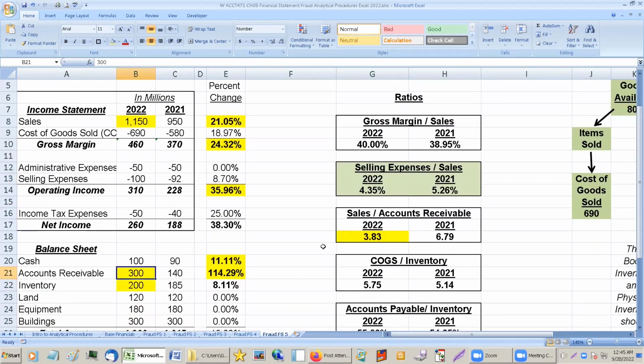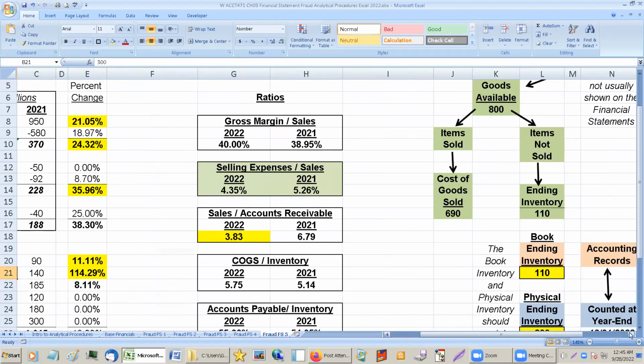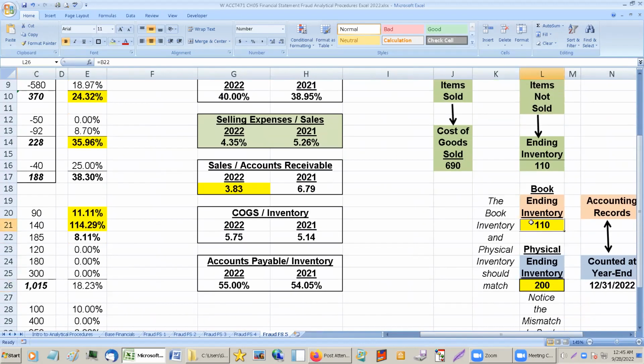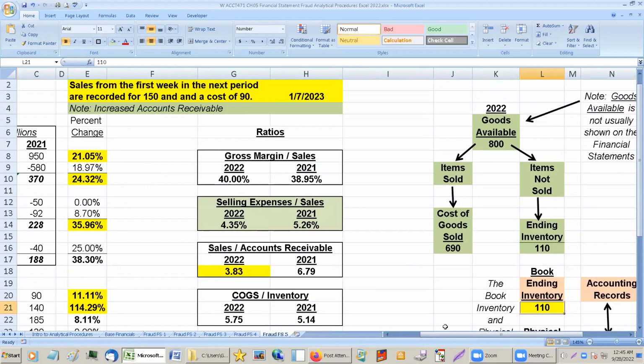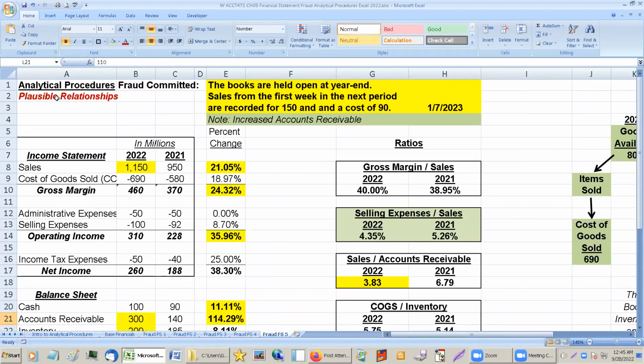Things like this down here, that extra inventory is not plausible. You don't have people sneaking inventory into the place and putting it on the shelves. So these are all ways that you find fraud in financial statements. Okay. Let me save that.